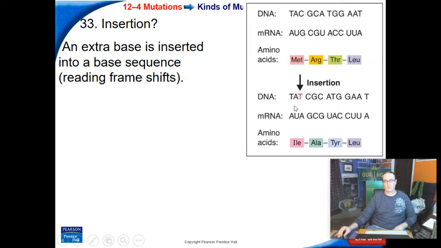So now you notice instead of methionine, arginine, threonine, and leucine, it's now isoleucine, alanine, tyrosine. The only one that is the same is leucine. Remember, proteins are tens, hundreds, thousands of amino acids long. So it's very possible that this protein will now be non-functional.